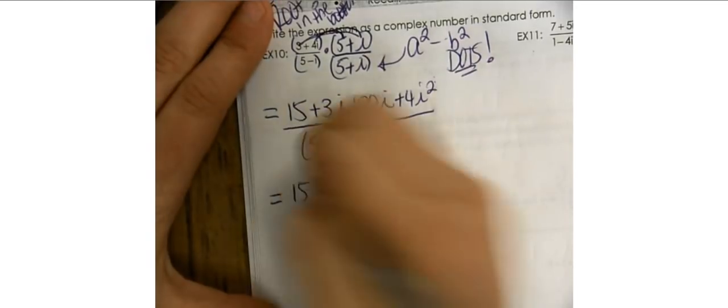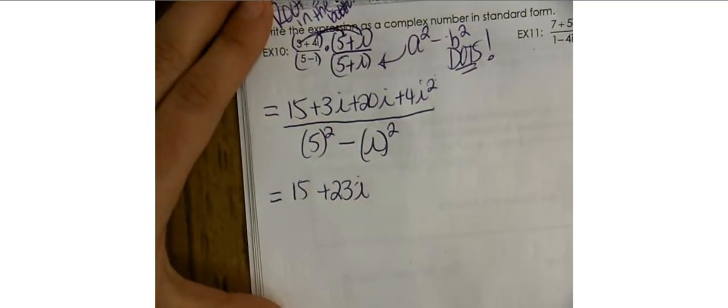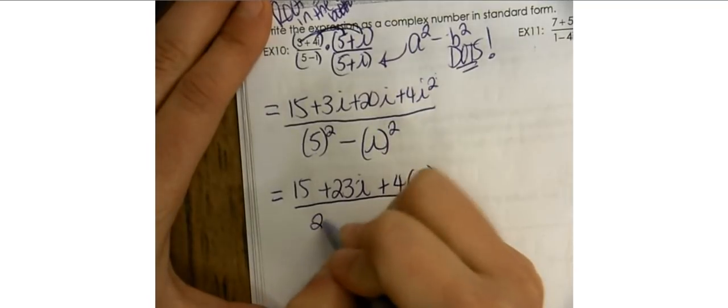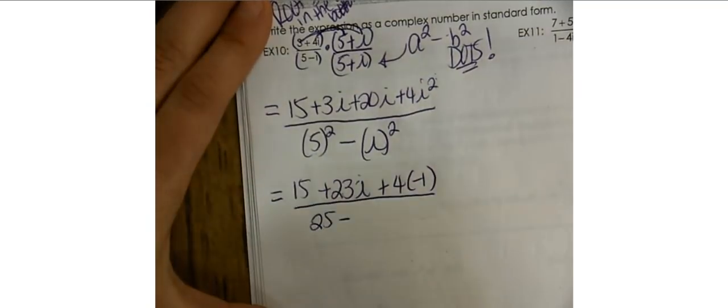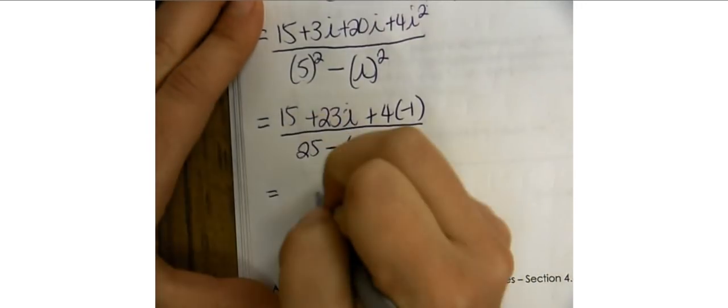So I have 15 plus 23i. I just combined my like terms right here. And then I have plus 4 times -1, all over 5 squared, which is 25, and this is going to be minus i squared, which is -1. So now we have 15 plus 23i, and 4 times -1 is -4, so I'm going to write -4.